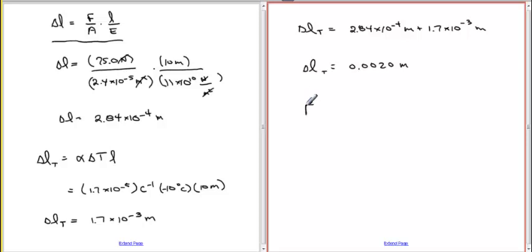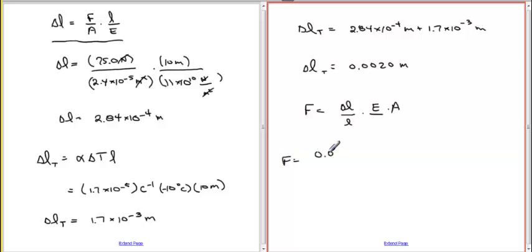So if we solve for force, force is going to be equal to delta L divided by L times E times area. Let's make sure we did this right. We should get the right units when we do this.